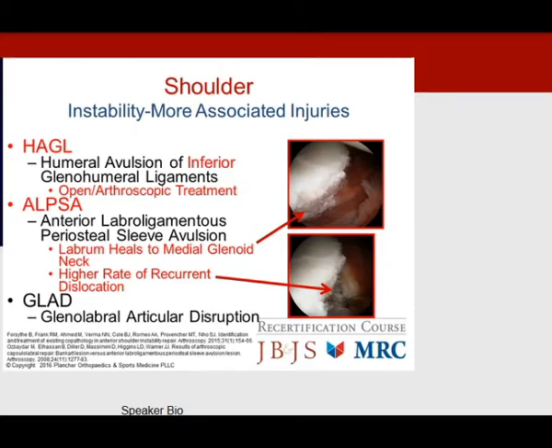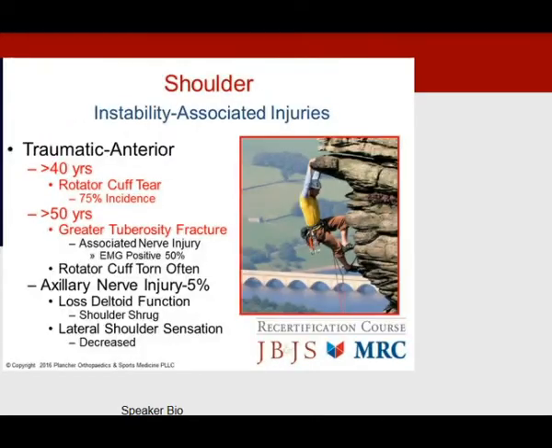Note the HAGL, or humeral avulsion of the inferior glenohumeral ligaments, as we'll talk about later, and identify it on that MRI. Realize that an anterior labral ligamentous periosteal sleeve avulsion, and you can see here that the labrum has healed to the medial glenoid neck, poses a problem for the surgeon, as there's a higher rate of recurrent dislocation when you fix it.